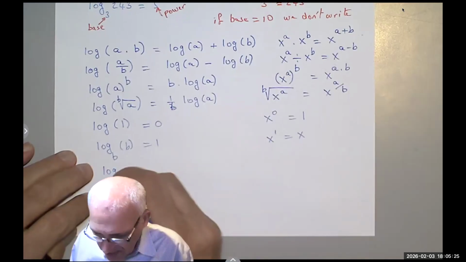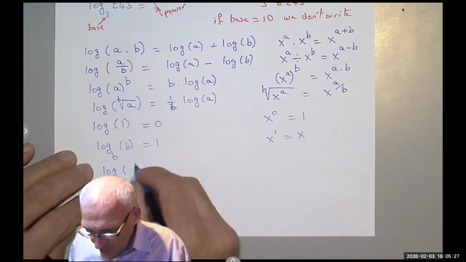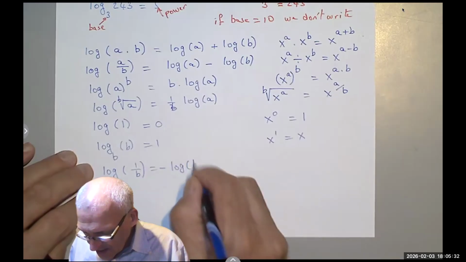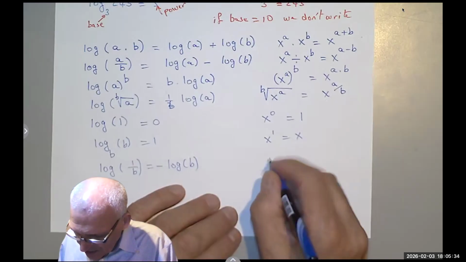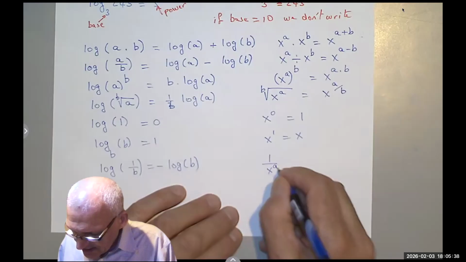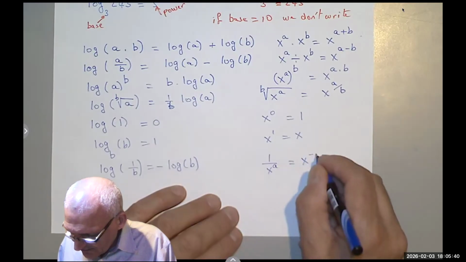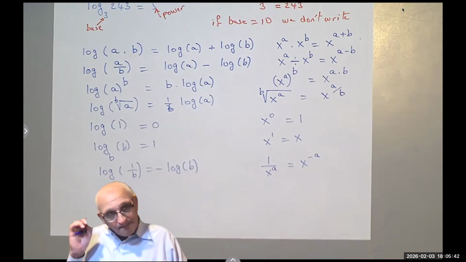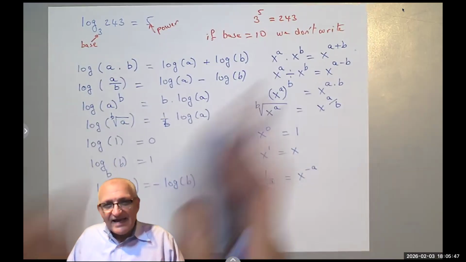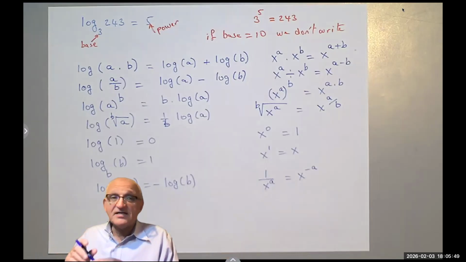Log of 1 over b is negative log of b. And here we said 1 over x to the a equals x to the negative a. So the rules have some kind of similarity.